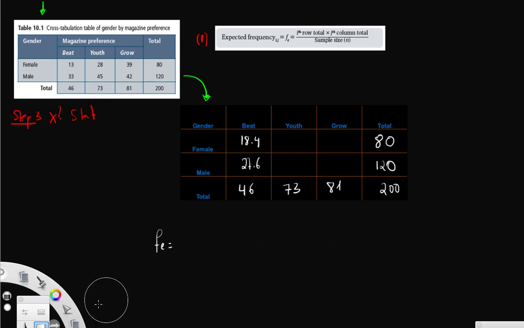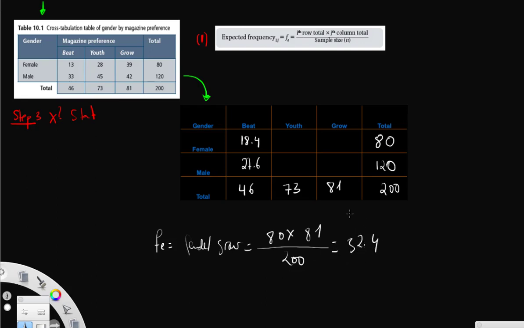I would have female and grow. I would have 80 times 81. So row total times column total divided by sample size, and you divide it by that, then you see 32.4.